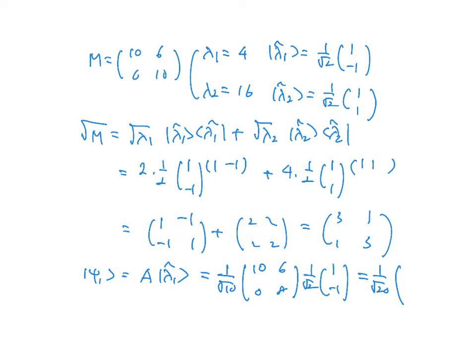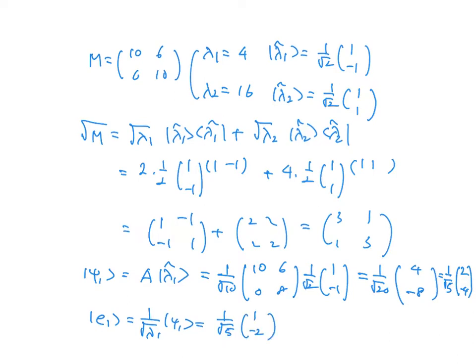This is 10 minus 6, 4 minus 8, so this is 1 over square root of 5 times (2, minus 4)... and we can define E1 as 1 over square root of 5 times (1, minus 2), right?